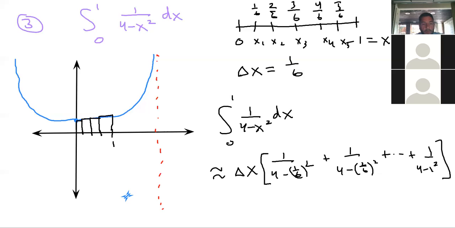I gotta get my marker. And let me just double check my arithmetic. So if you do it, you should get approximately 0.28211.